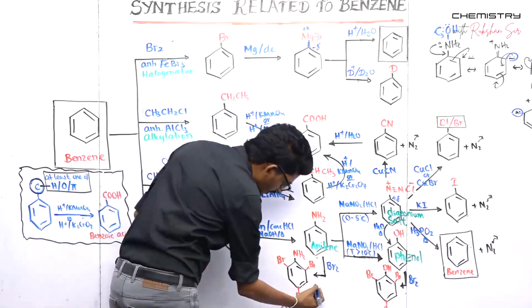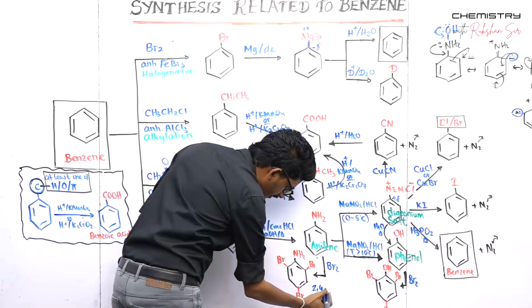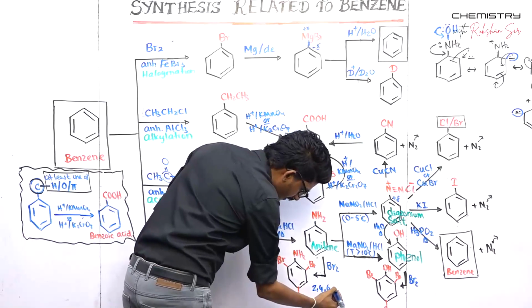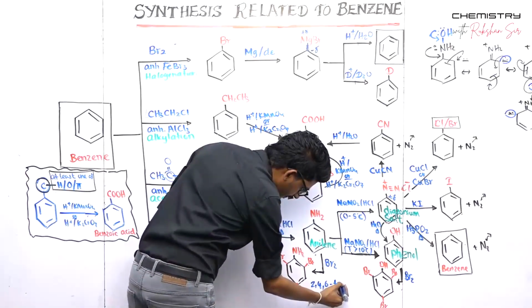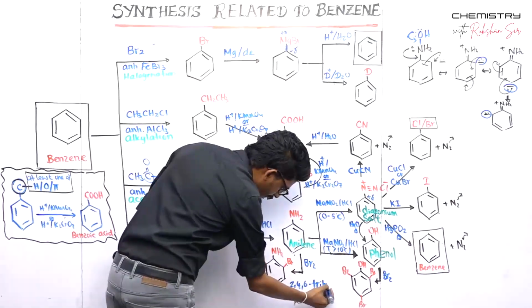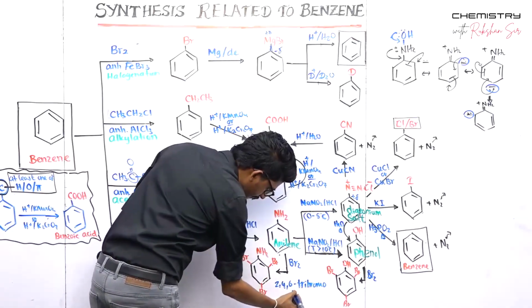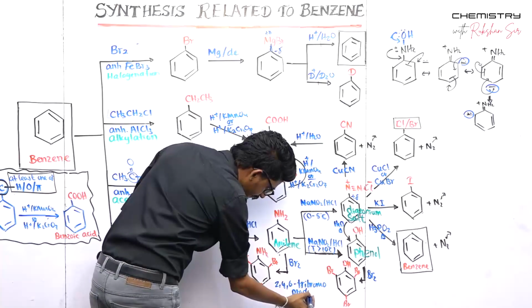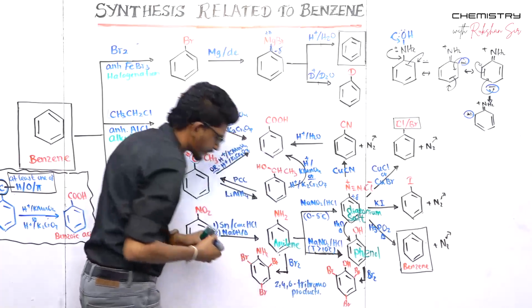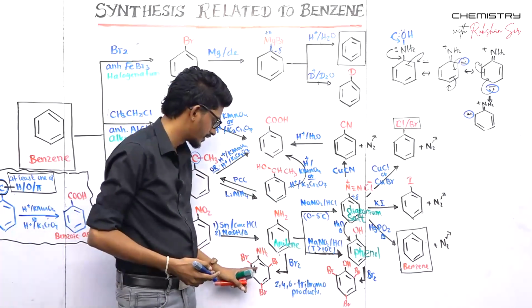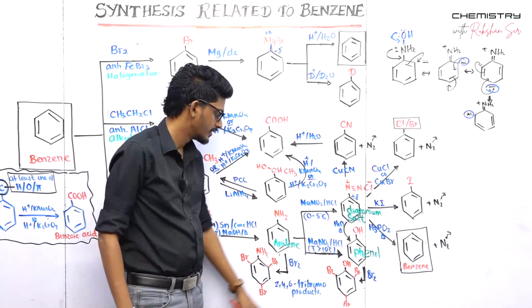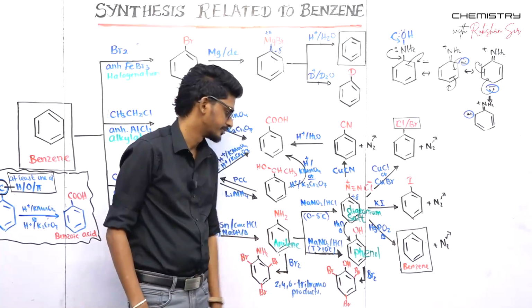These are referred to as 2,4,6 tribromo products. This is 2,4,6 tribromo aniline. This is 2,4,6 tribromo phenol, right?